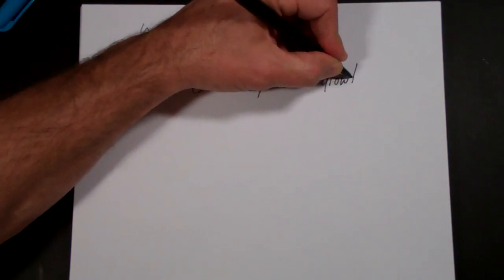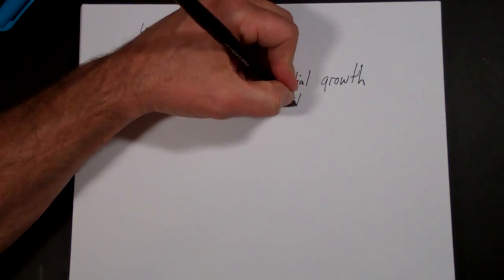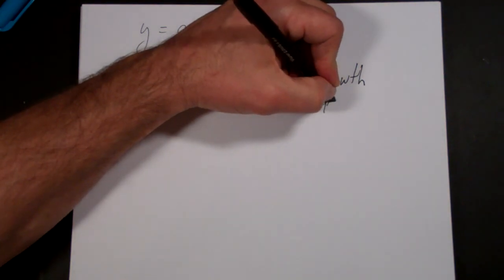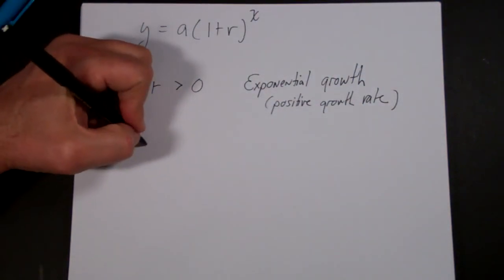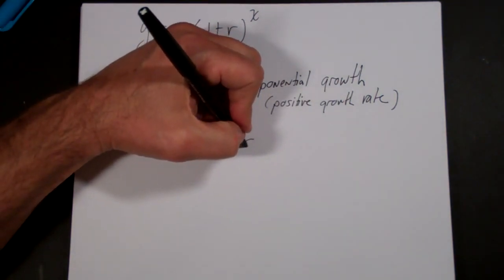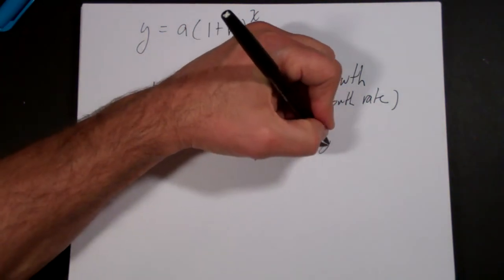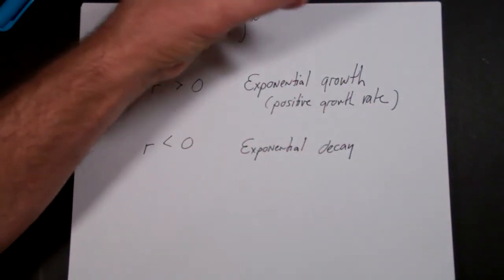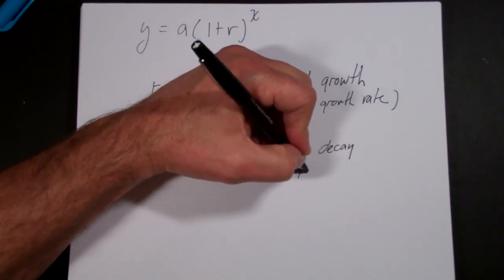It's an exponential growth function because you have a positive growth rate. And if r is negative, that's called an exponential decay problem, because you have a negative growth rate, or sometimes that's called a decay rate.